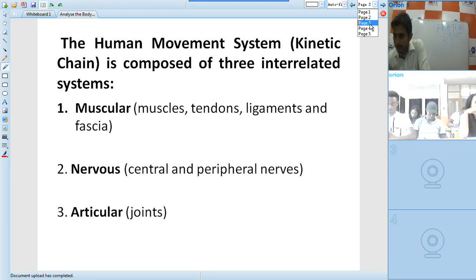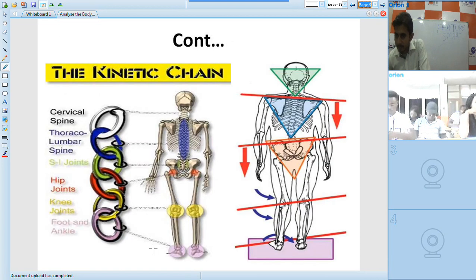Yes, I will show you the diagram. So you can see in this diagram the cervical spine, thoracolumbar spine, SI joints, hip joints, knee joints, foot and ankles.